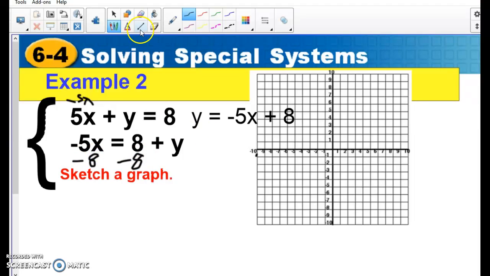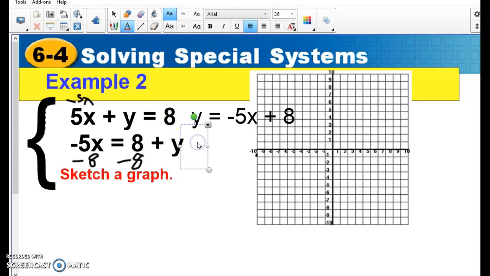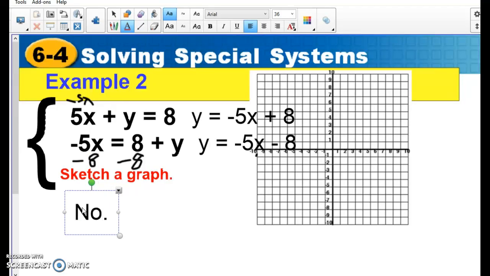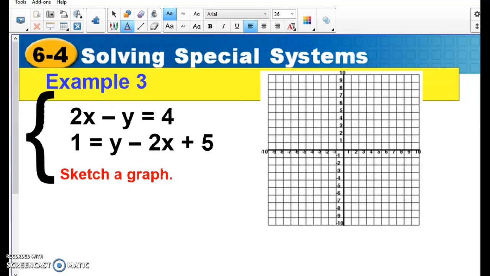So I'm left with y equals negative 5x minus 8. Okay, so again, this is why we double check it, because they both look the same, but they end up not being the same because one says plus 8 and one says minus 8. But they do have the same slope, so I know this is going to be a no solution problem, because since they have the same slope, they're both going to be parallel, so they're not going to have the same line.